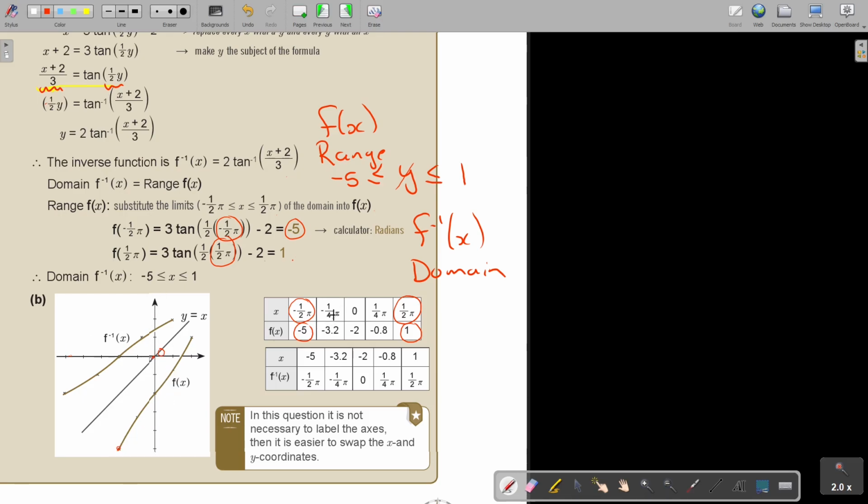Then negative a quarter, and I just approximate, negative 3.2 approximately here. And then it's 0 and negative 2, and then this is the quarter, and there it was approximately negative 0.8, and then there is a half, and it was up to 1.